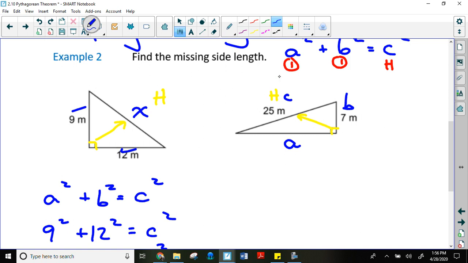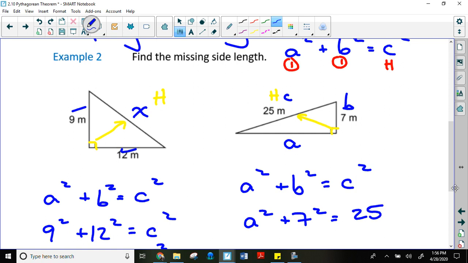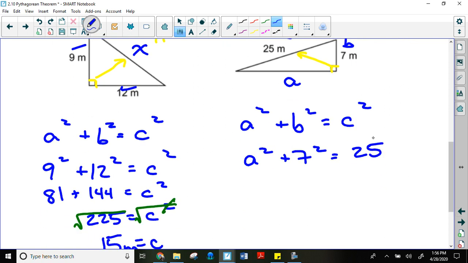So let's use our equation. a squared plus b squared equals c squared. Put in what we know. a squared plus 7 squared equals 25 squared.